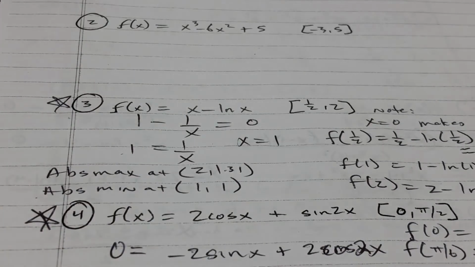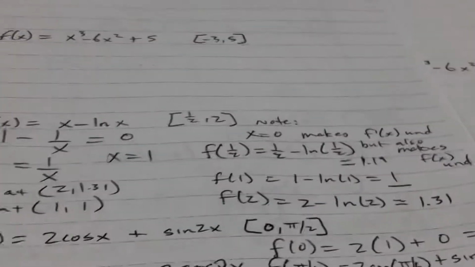So 1 through 4 say find the absolute max and absolute min of f on the given interval. So f of x is equal to x minus natural log x. We take the derivative, which is 1 minus 1 over x, set it equal to 0. Do a little cross multiplying, we get x equals 1.